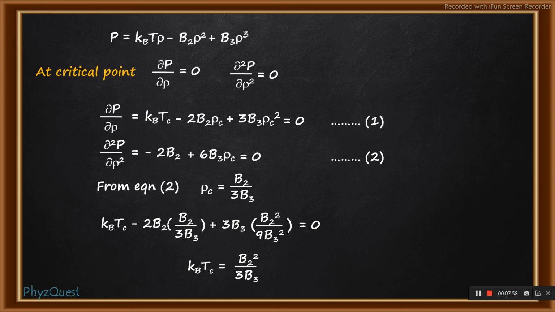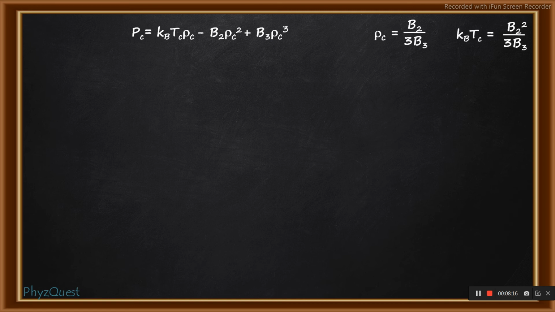So next, at the critical point the expression of pressure is kBTc rho c minus b2 rho c square plus b3 rho c cube, and we have already calculated rho c and kBTc earlier. So now we will put the values of rho c and kBTc in this expression and find out the value of pc.